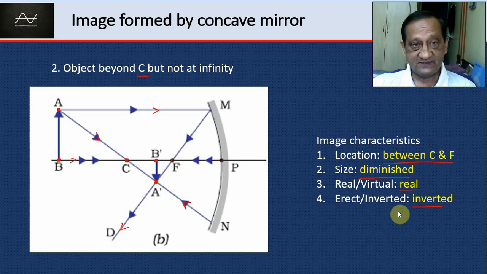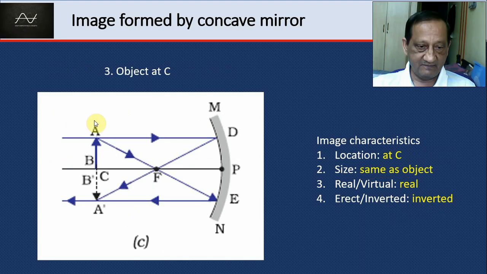Third position, we are bringing it closer. The third position is at C. Image will be at C also. We have this BA object, one ray coming from A parallel to the principal axis, passes through the focal point and goes away this way. Another ray we are taking, passing through the focal point, it will emerge parallel.